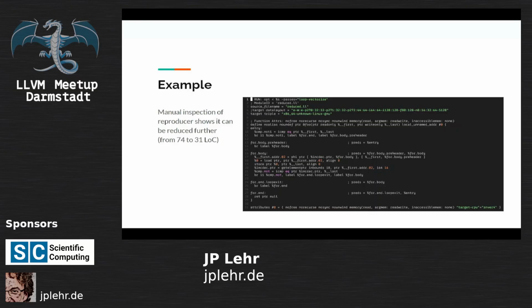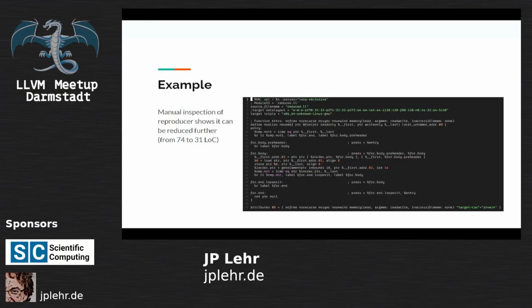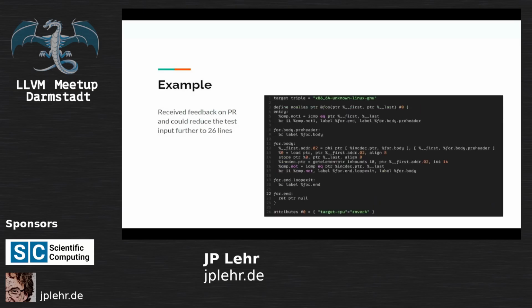Okay, so now that we have this, I added it to the open PR that I did, where Matt commented that it needs a test, and then I received some more feedback that I could strip out some of the comments and stuff. So I did that, and it made this even more readable, down to 26 lines now.